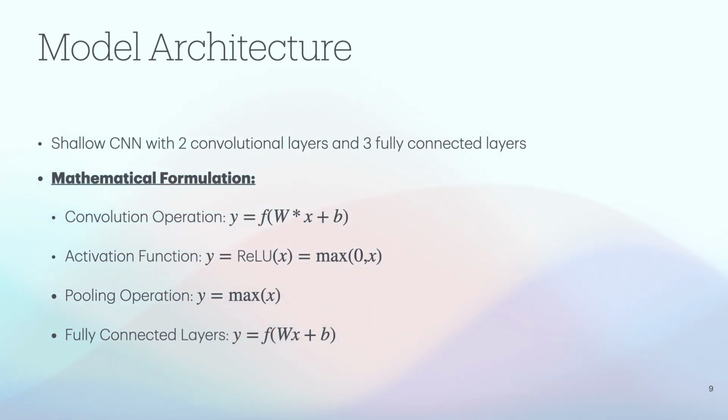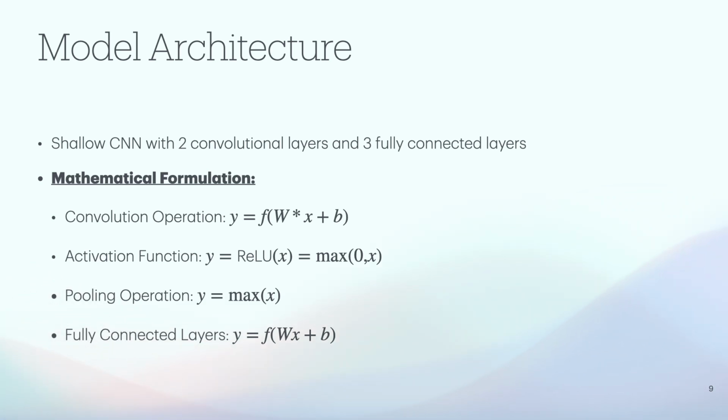So the convolution operation is given by f of the weights times the input, which is x, plus the bias b. And then the activation function that I'm using here is ReLU, and the pooling operation is basically the max of x.